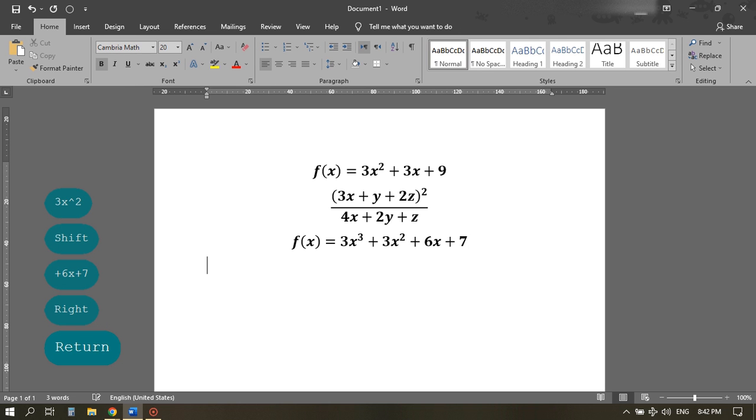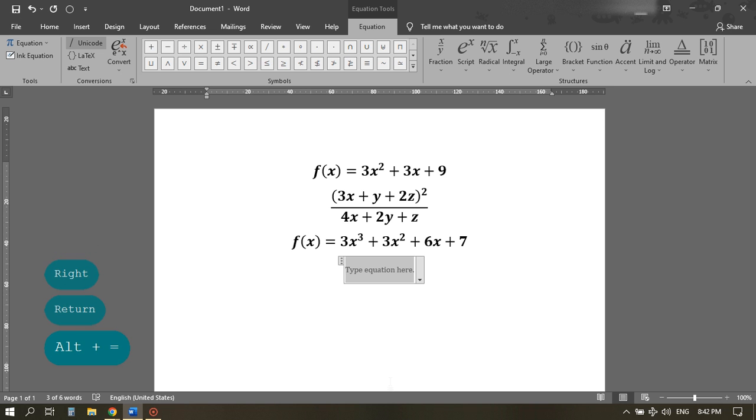To write down another equation in fraction mode, I'm going to show you how to write it in this way. We're going to press Alt and equal again, and we're going to open a bracket and write down inside it the first equation, 4x plus 7y plus 8, for example.